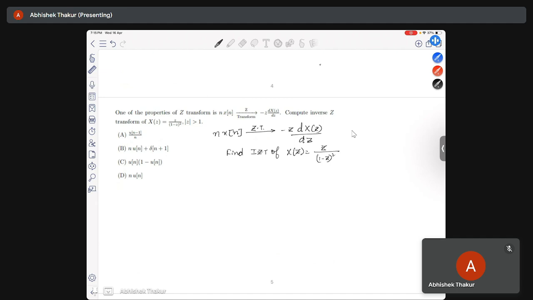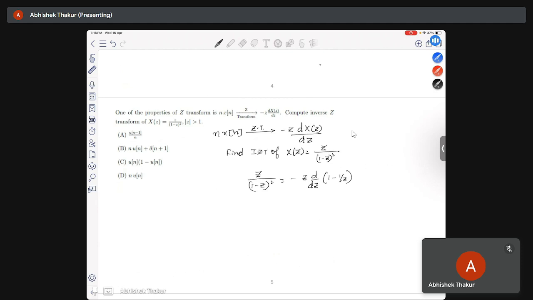For finding the inverse Z transform, we can equate this as minus z d by dz of 1 by (1 minus 1 by z). Okay, so when you do this we will get the following value in the left hand side.